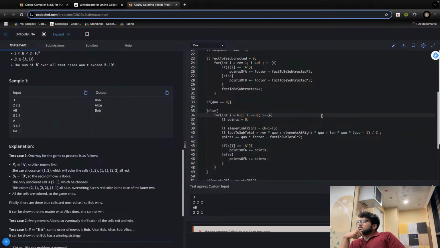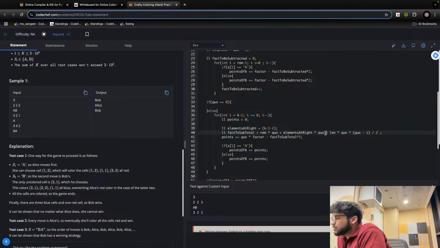Okay. Elements at right into quotient. Why are we multiplying quotient here? This doesn't make sense at all. Plus 1 plus 2 till quotient minus 1.